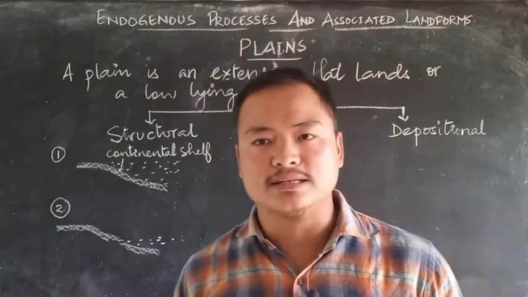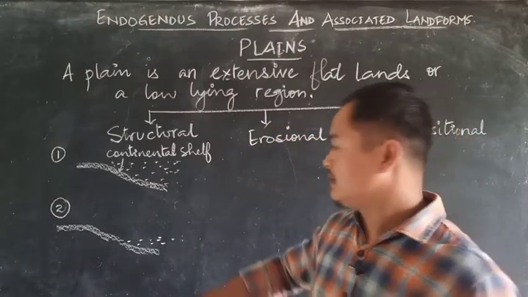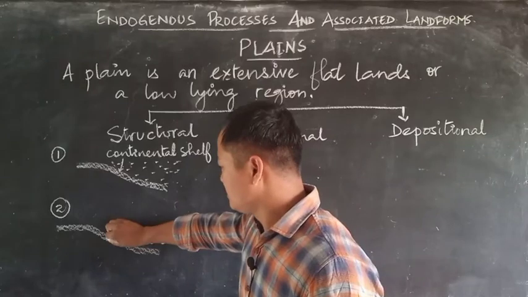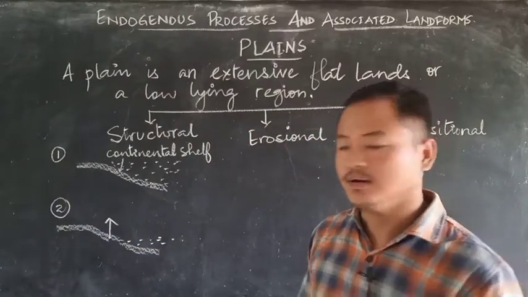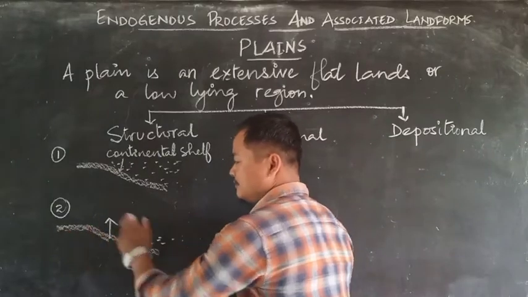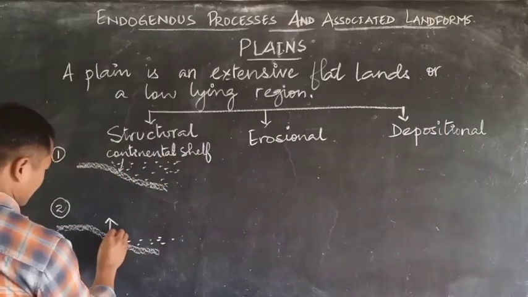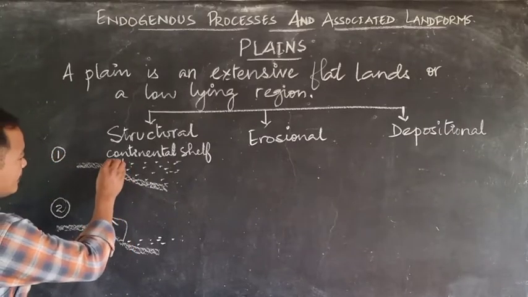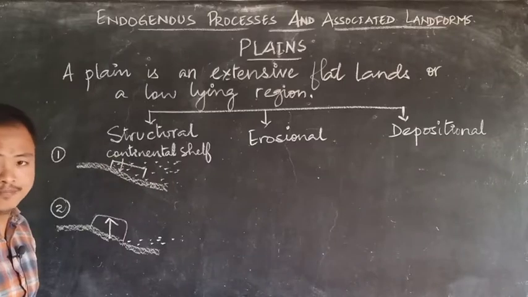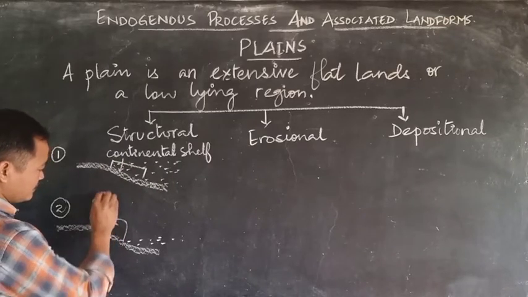This continental shelf, due to some tectonic movements, gets uplifted and comes out of the water, forming the extended part of the coastal areas. So this type of plain, these regions that come out of the water, which were once a part of the continental shelf, is known as structural plains.